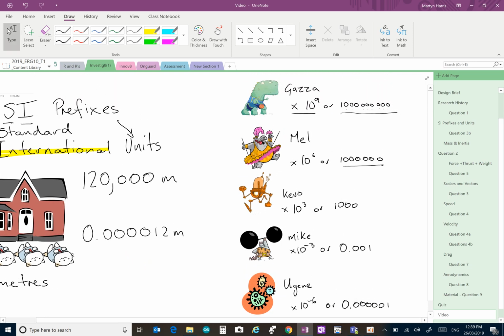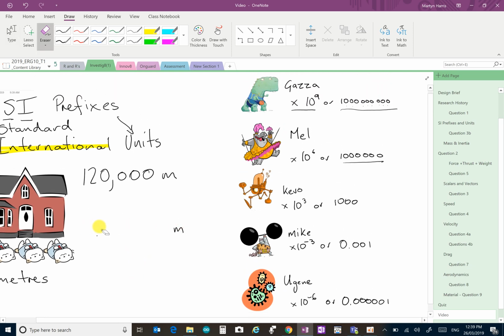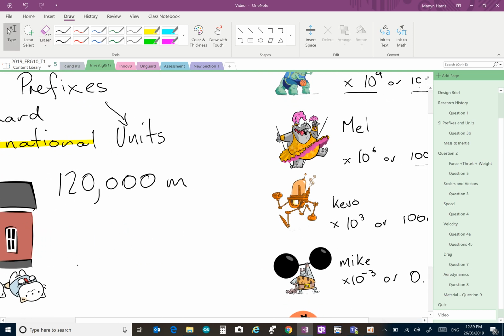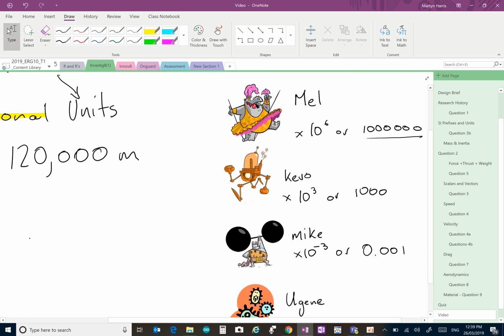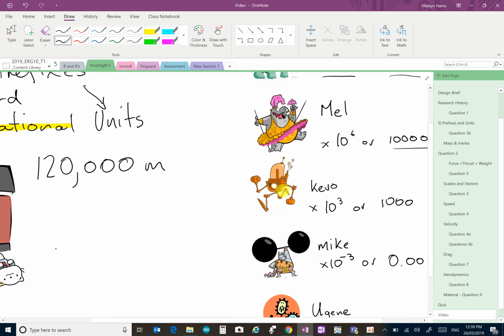Okay, so what I want to do is simplify this very first number, which is 120,000 meters, and I want to have a look at my friends here, and they are going to replace some digits. I'm going to look at Kev. Kev here is worth 1,000, so I'm going to use Kev to replace 1,000 to make this number simpler. If I want to put a Kev in, I have to divide by what Kev's worth.